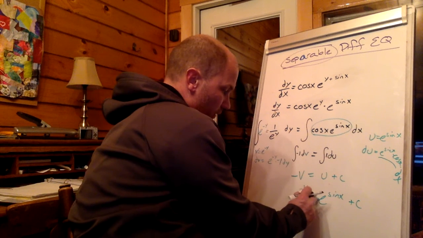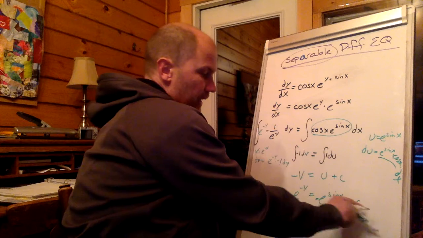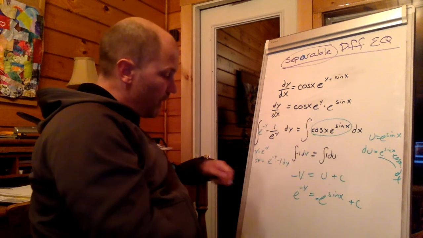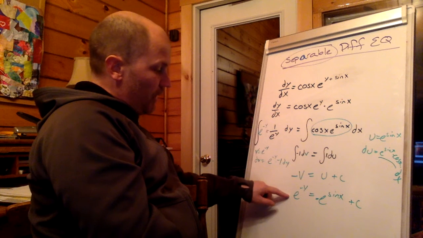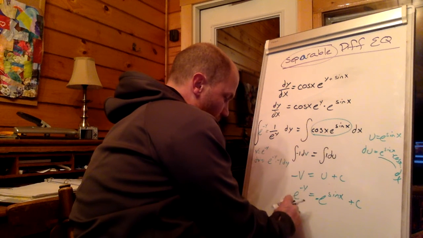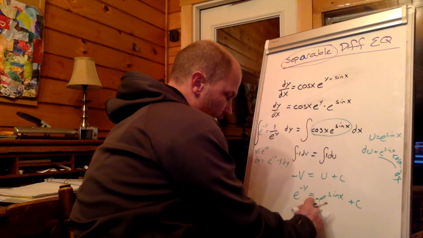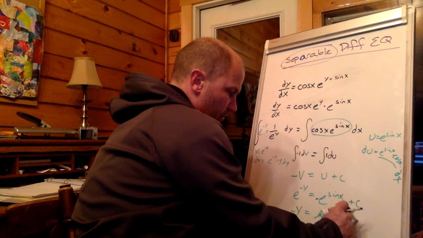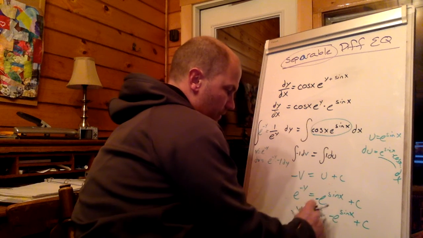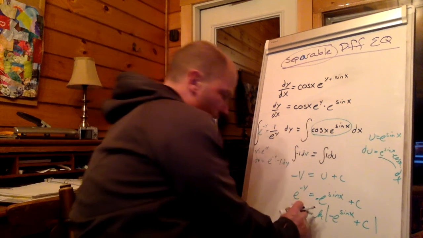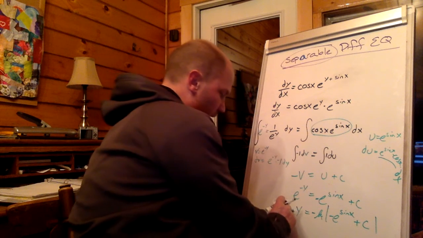I'm going to put a negative sign over here. Negative c, positive c, it doesn't actually matter, so we can leave that alone. I want to get rid of the e, so I'm going to take the ln of both sides. So I'm going to get negative y equals the ln of negative e to the sine x plus c. This is all absolute valued. There's a negative sign, so I'm going to put it to the negative and make that positive.